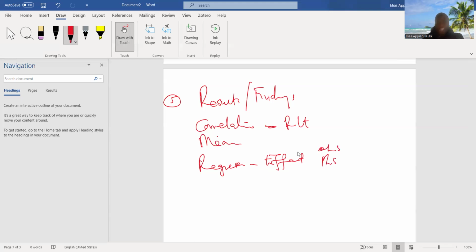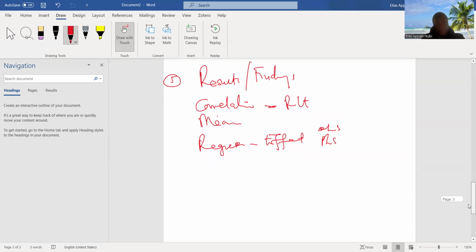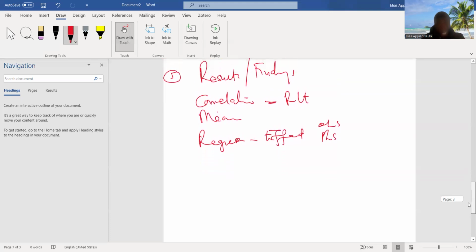When we get there, I will give you the difference between the two, and I'll run both for you to see. So the results or the analysis depends on your objectives. Based on the objectives, we can run correlation, descriptive, or regression to achieve the objective of the study.